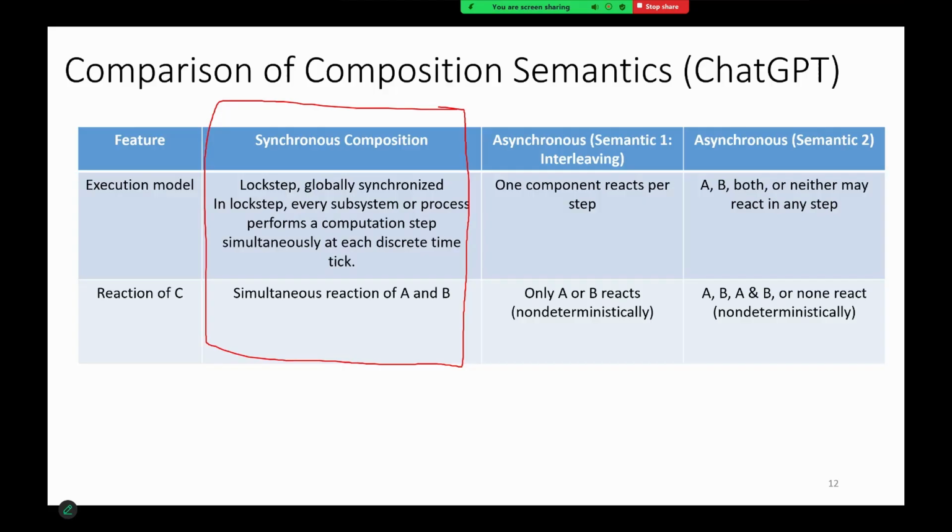And semantic 2 is a generalization of semantic 1 where it allows A or B, both A and B, or neither of them in some definitions. And again, the choice is non-deterministic. Is it clear? Yeah. Okay, great.